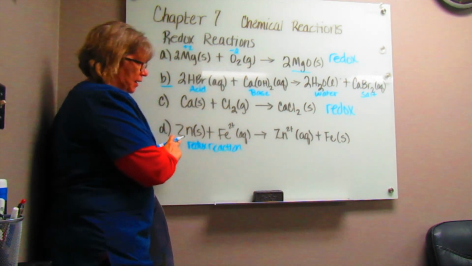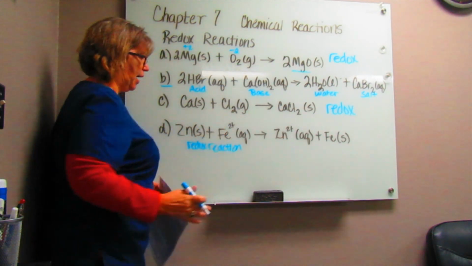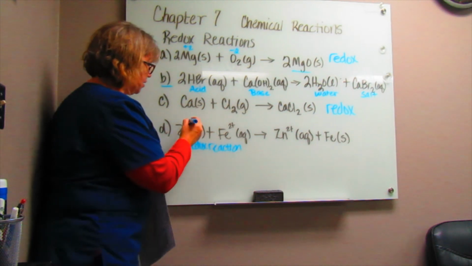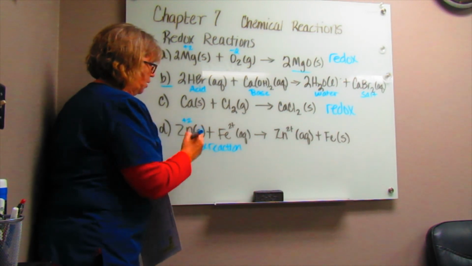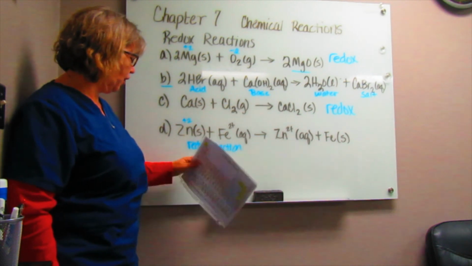We have zinc, and then we have iron 2. Okay, so it's iron with a 2+ charge. Our zinc is also a +2 charge. This is a redox reaction because there is a transfer of electrons.